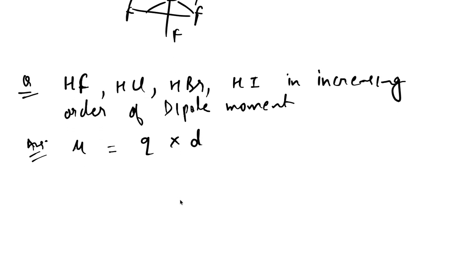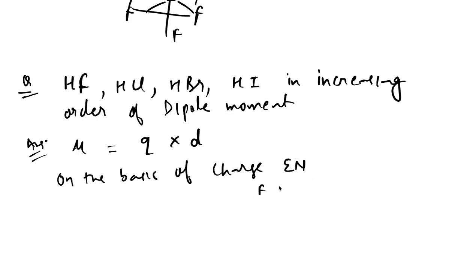Okay, so if we compare these molecules, hydrogen is common, so we just have to compare the electronegativity of the other atom, that is fluorine, chlorine, bromine and iodine. So on the basis of charge, we know that electronegativity wise, fluorine is the highest, then chlorine, then bromine, then iodine.